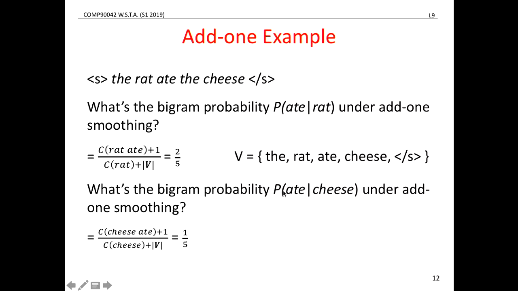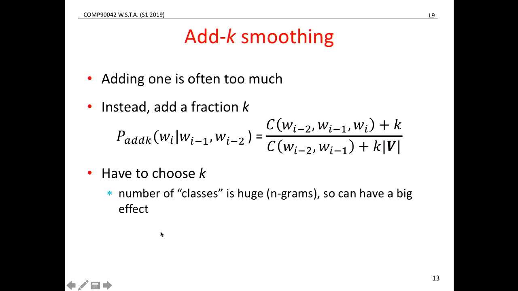But the point here is that the probability of ate given cheese, they never occurred next to one another. So the count of cheese ate is going to be 0, and now it becomes 1. And so now it ends up having some score under our probability. Okay, so adding 1 is pretty aggressive. As I was illustrating with the bars suddenly shrinking because there's so much going on in the denominator.